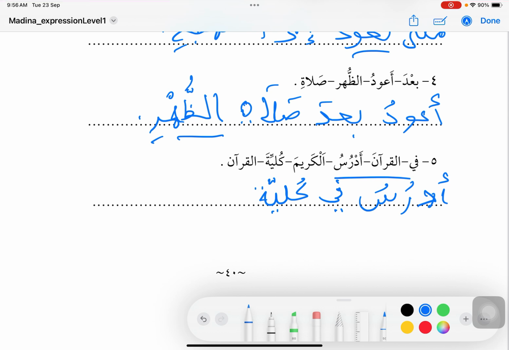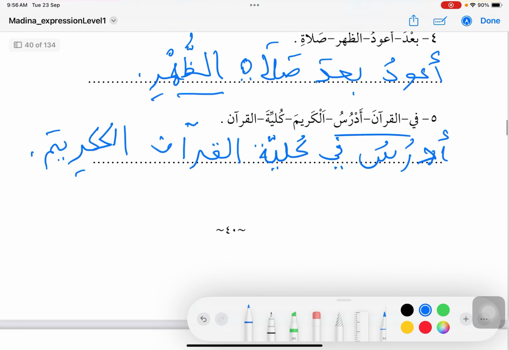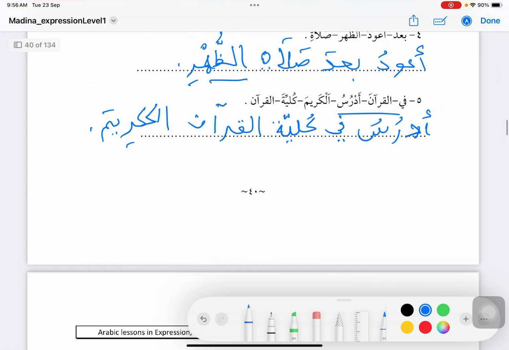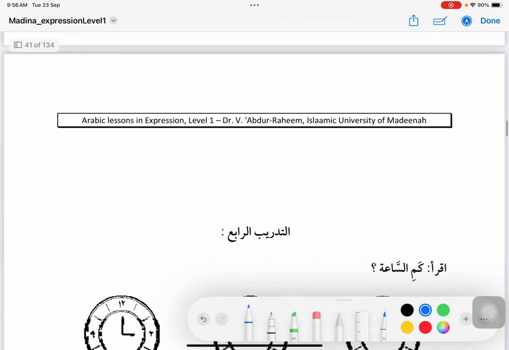I study in the faculty of the Quran al-Karim. It's an extra Quran here, so we could say adrusul Qur'ana al-Karima fil kulliyatil Qur'ani, right? You could say that I study the Noble Quran in the faculty of the Quran. So you can rewrite this sentence.